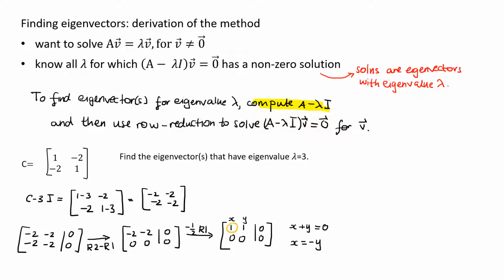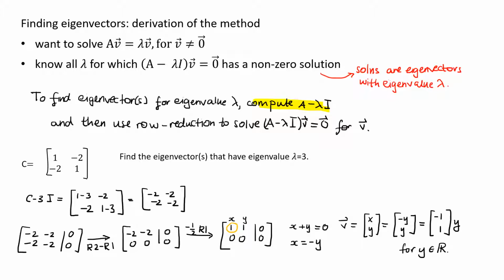Okay, and my solutions V are going to have this form (x, y), where x is equal to negative y. So I get (negative y, y), or another way of writing this is I have just a multiple of the vector (negative 1, 1), for y any number.